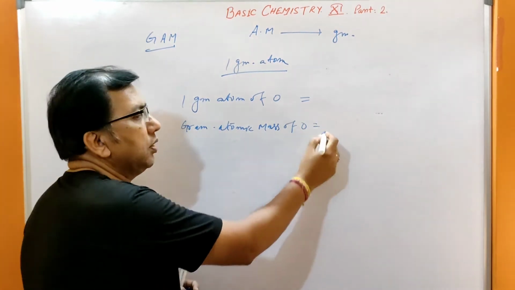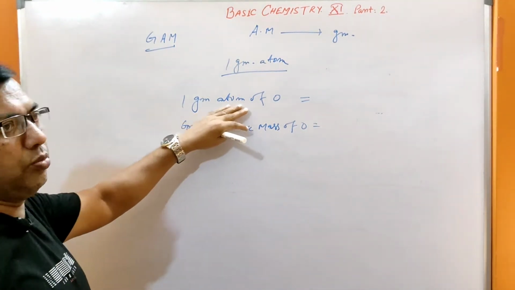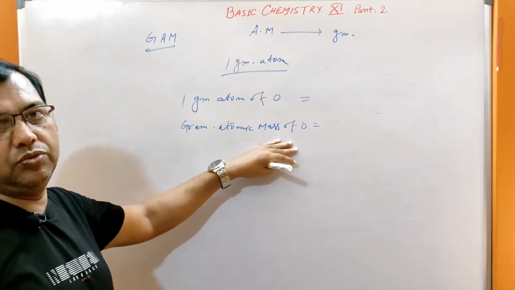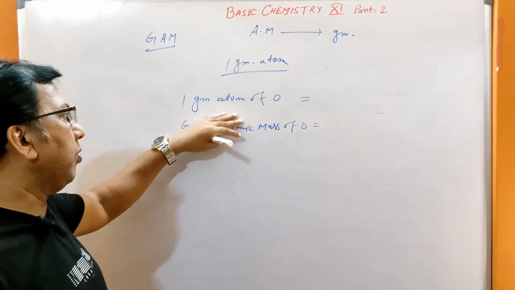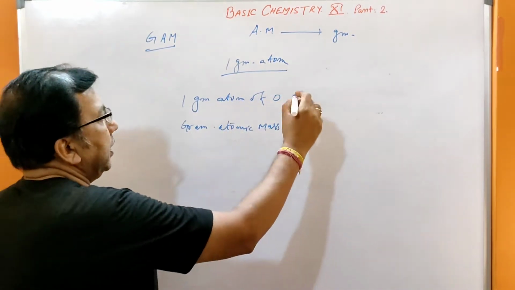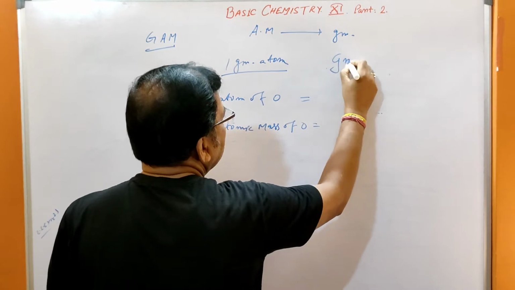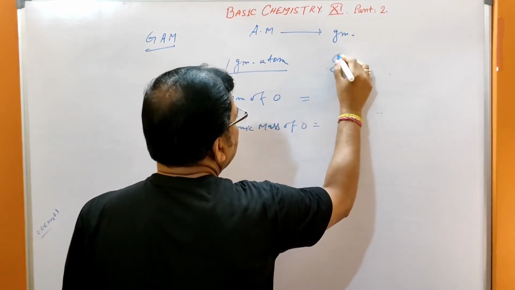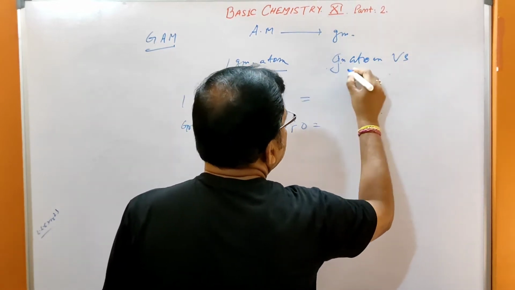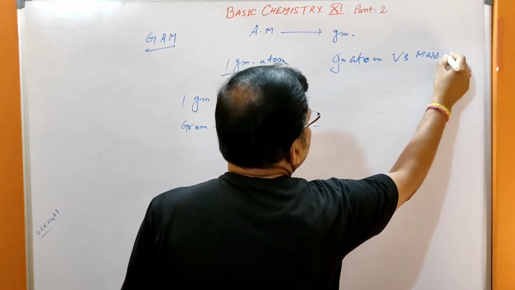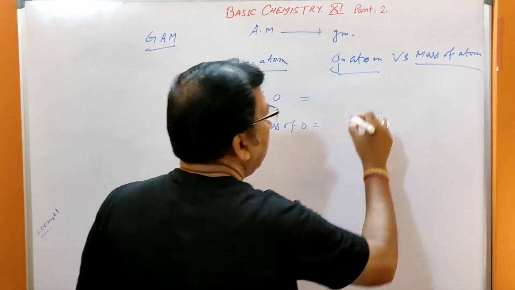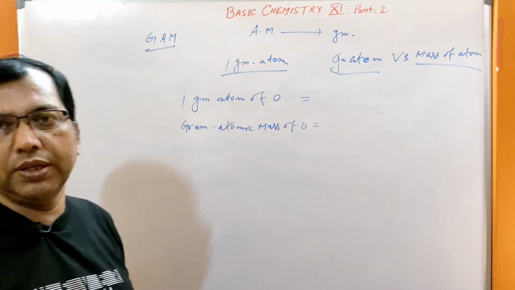See, the 1 gram atom of oxygen or gram atomic mass of oxygen. Now, gram atom versus mass of an atom. What is gram atom versus mass of atom?